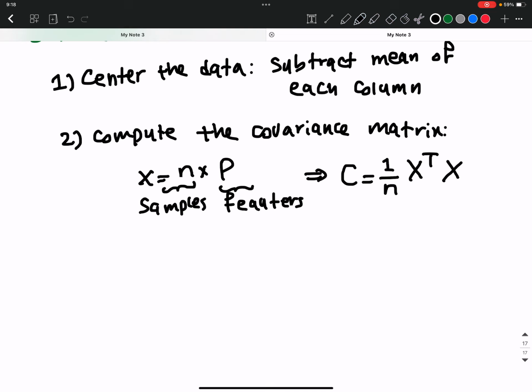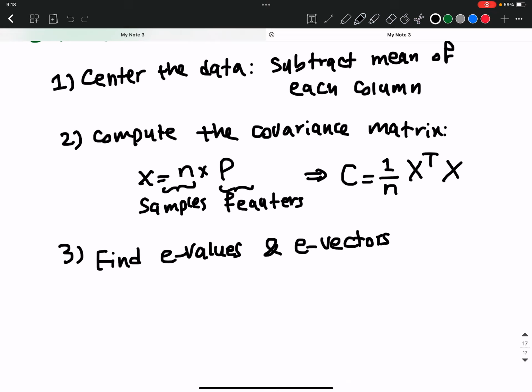So, okay. The next step is to find eigenvalues and eigenvectors of C. So what are eigenvalues here?